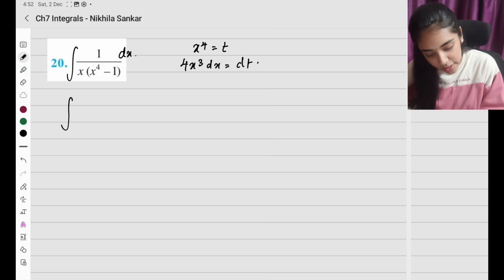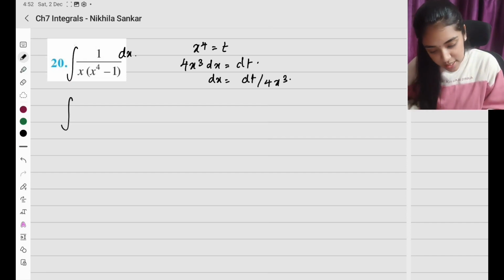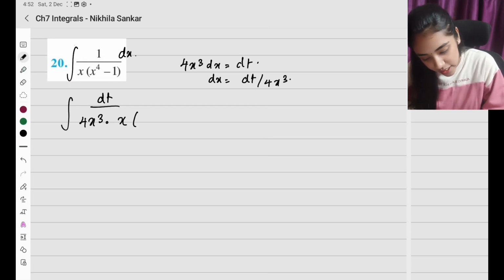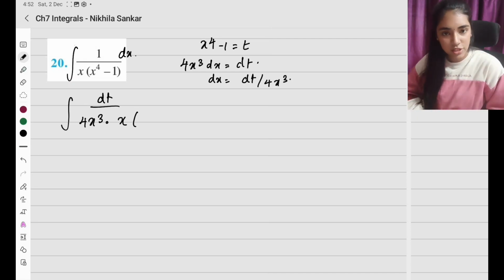So, I have dx equals dt divided by 4x cube. So, this is nothing but dt divided by 4x cube times, I already have x, times x power 4 minus 1, which I can take to be t. The differentiation is again going to be the same thing.